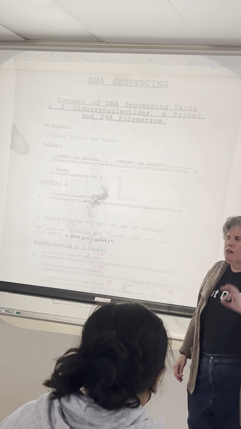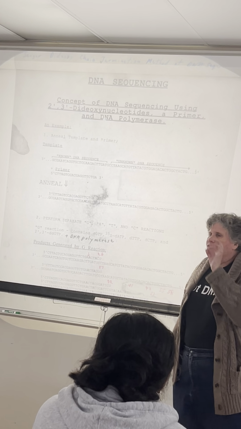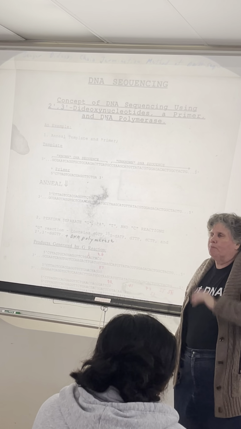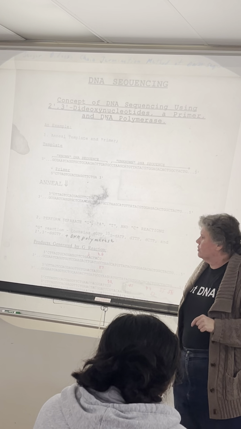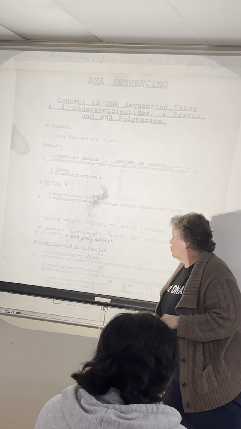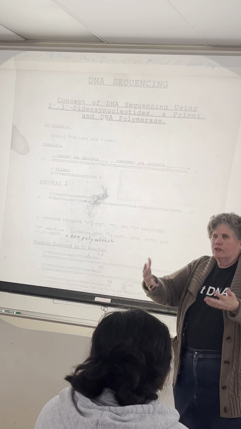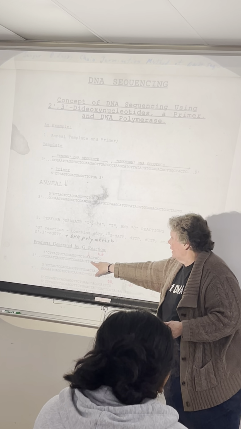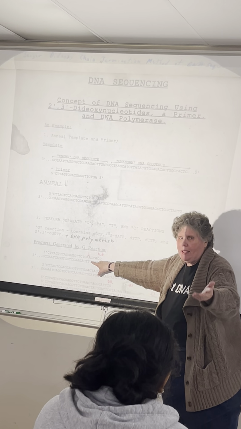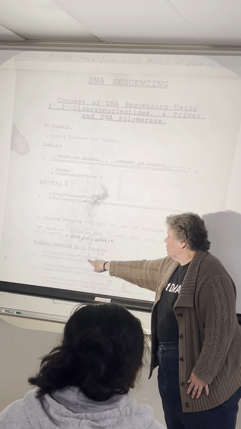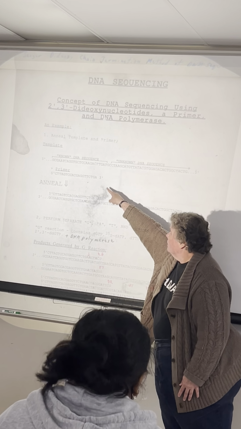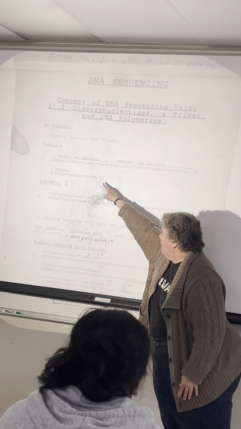So a certain small amount, because you don't want every single G to stop with the first G. You want maybe 1% of the G's to stop and the rest to go on. So here's what, and again, this is in your lab manual, so you can follow along. Here's where the known, here's where the primer ends with that A right there.